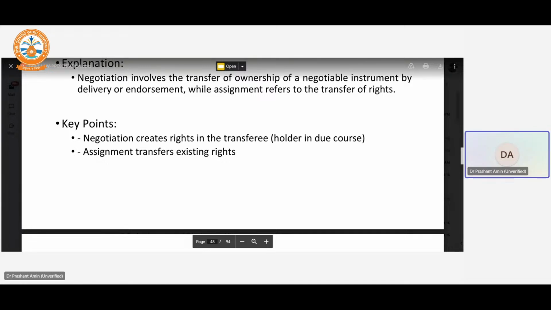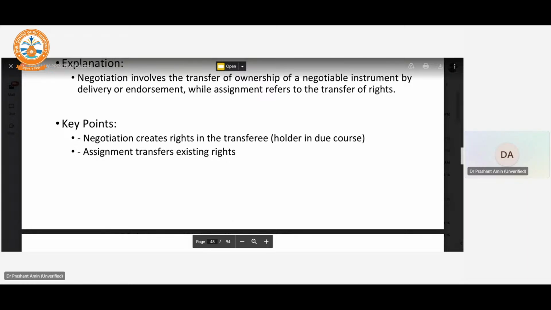In assignment, it refers only to transfer of the right, which means that if I am assigning this particular instrument to another person, I am just transferring my right to that person, right? So that is the difference between negotiation and assignment.